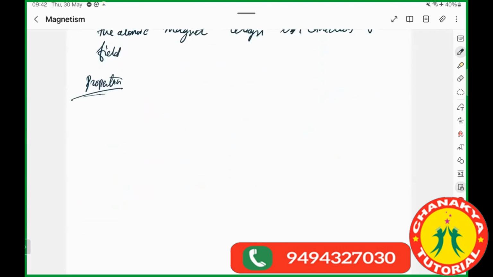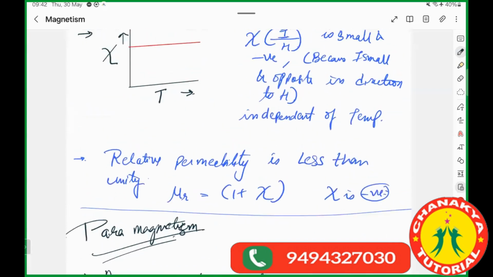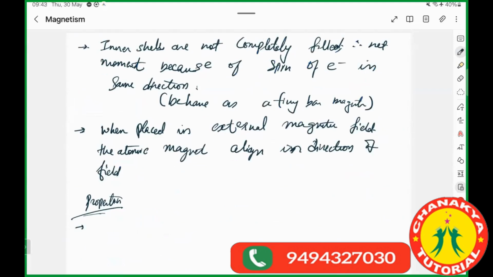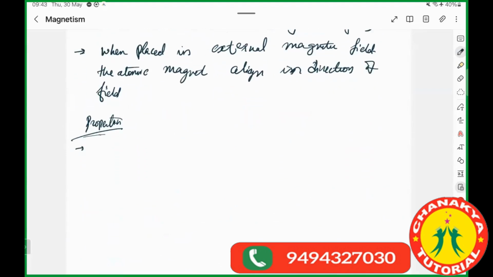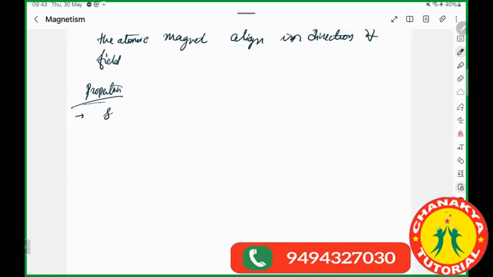Now for properties. Some simple properties: first, some substances placed in a magnetic field get feebly magnetized in the direction of the magnetic field.